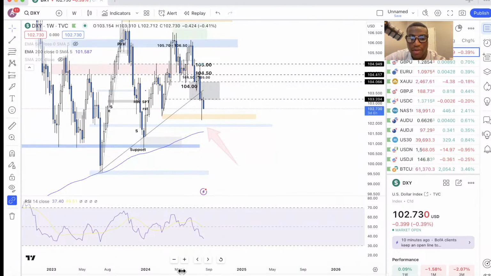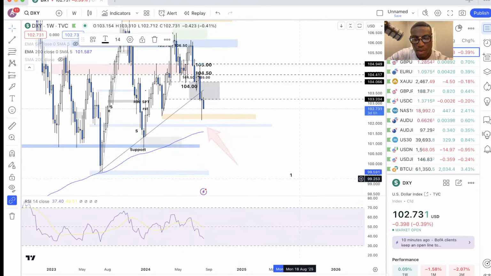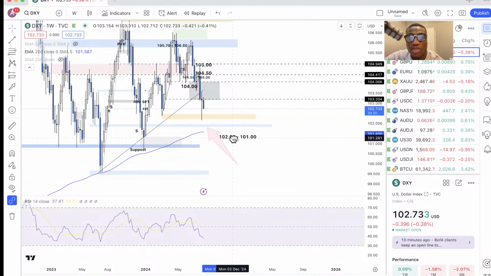Let me just indicate that for you guys quickly. So this is where I expect the dollar index to trade in the coming weeks.